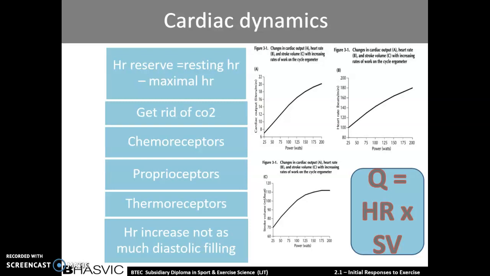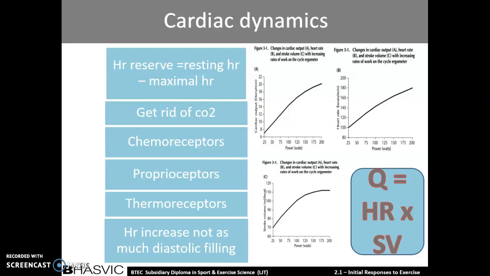There is adrenaline, which is released from the adrenal glands. This can affect the heart. This increases your heart rate. Your hormones have the ability to also affect your heart rate.